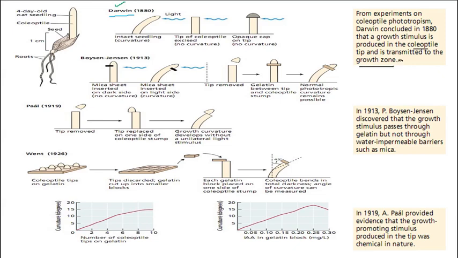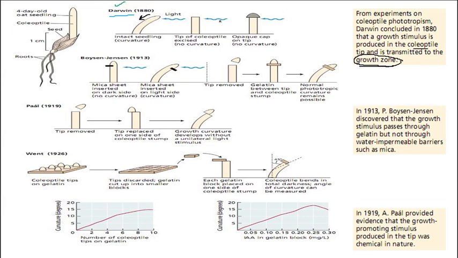Now since the tips were activated, what will happen? Auxin will diffuse onto the agar block. It will come out from the tip, diffuse, and be retained on the agar block.